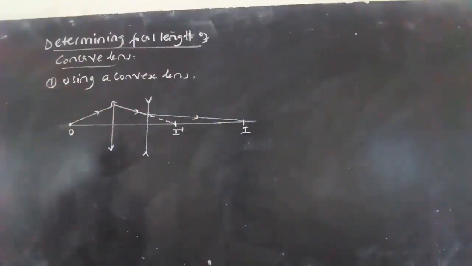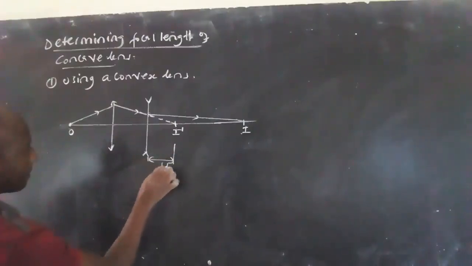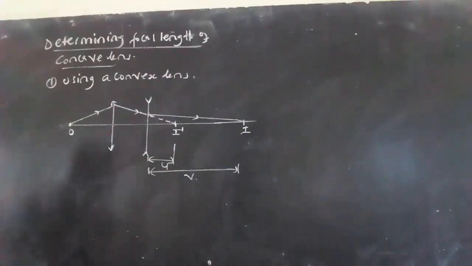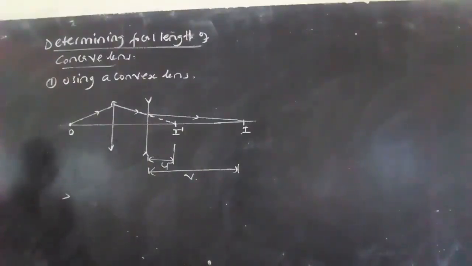So now in this case, which one is our U? This is our U. Then this is our V, like that.